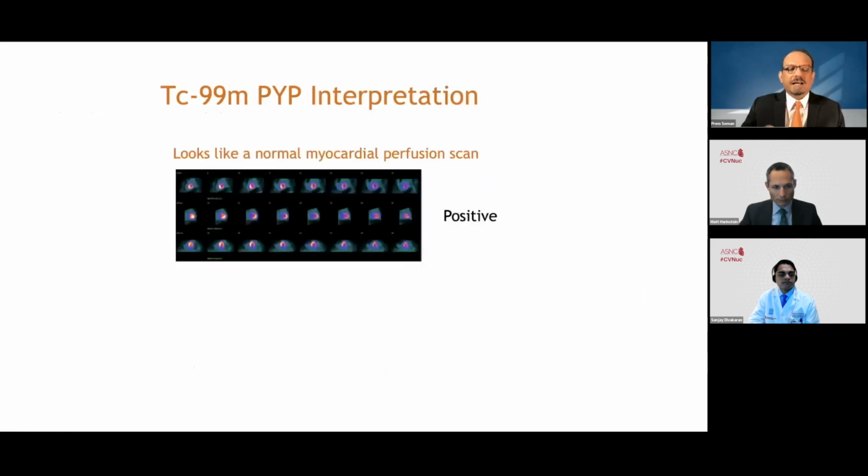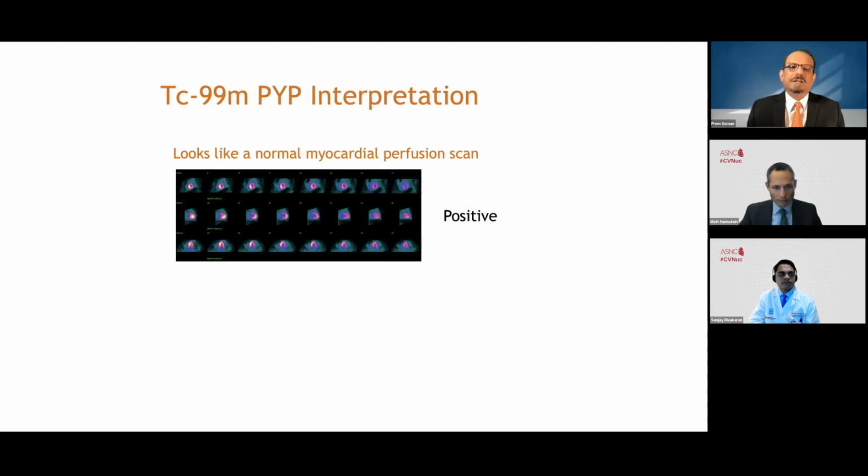Now, as I said, the diagnostic decision-making should be entirely based on SPECT images. When I teach PYP interpretation, I make it a point to say that an unequivocally positive PYP scan looks like a normal myocardial perfusion scan with MIBI or thallium or tetrofosmin.